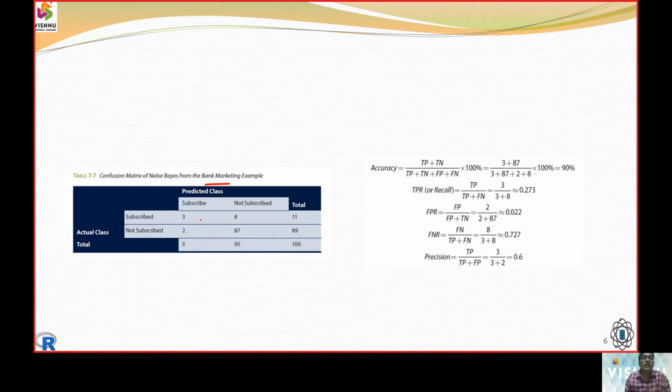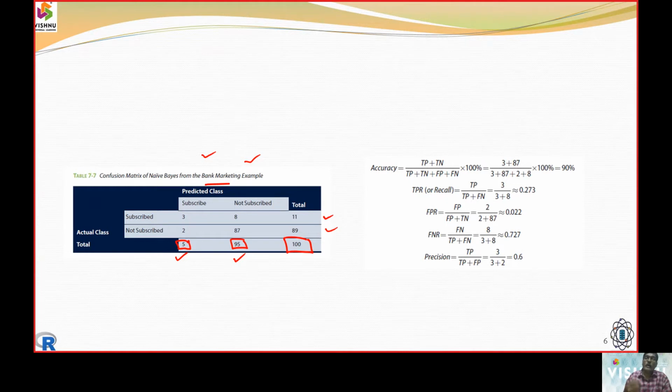Assume that we have total subscriptions as 5, non-subscriptions as 95, and the total instances as 100. Similarly, the actual class was 11 and 89, and I have taken the prediction class with subscription and non-subscription.